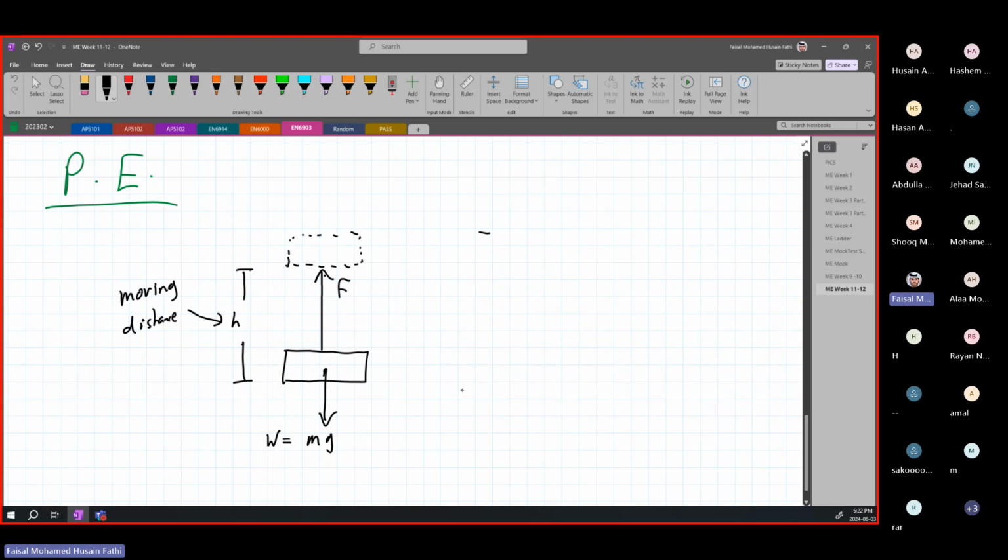So in other words, F has to also be equal to mg. If we do our sigma Fy, obviously, then we're going to have sigma F equals 0. That means F minus W is equal to 0 because F is upwards and mg is downwards, meaning F is equal to W. That's why we got F is equal to mg.